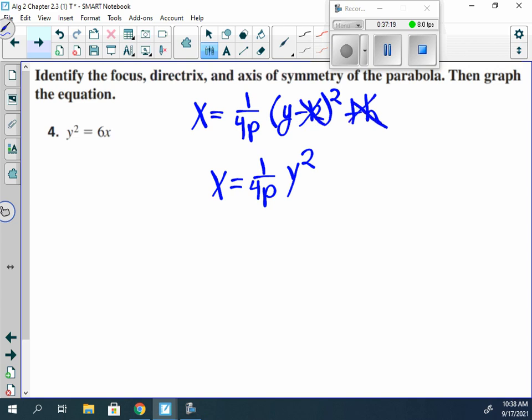But again, because the vertex is 0, 0, we're mainly focused on this form here. Okay. The value of h is, the value of k is, the value of p is, we don't know, so let's find it.